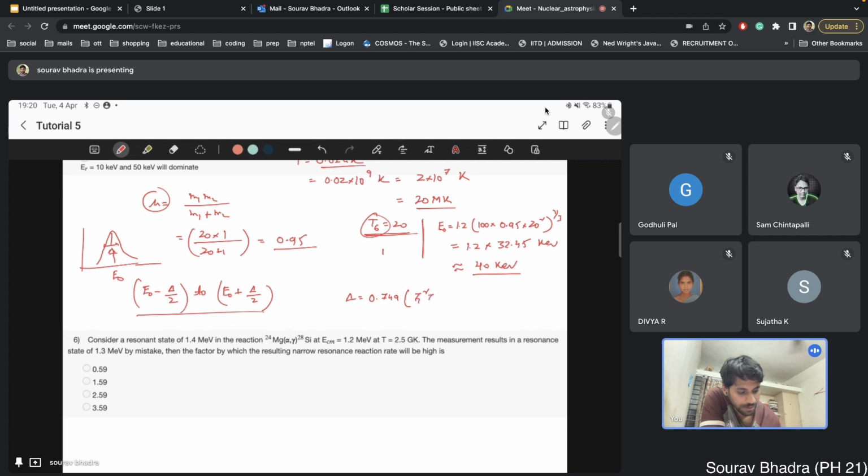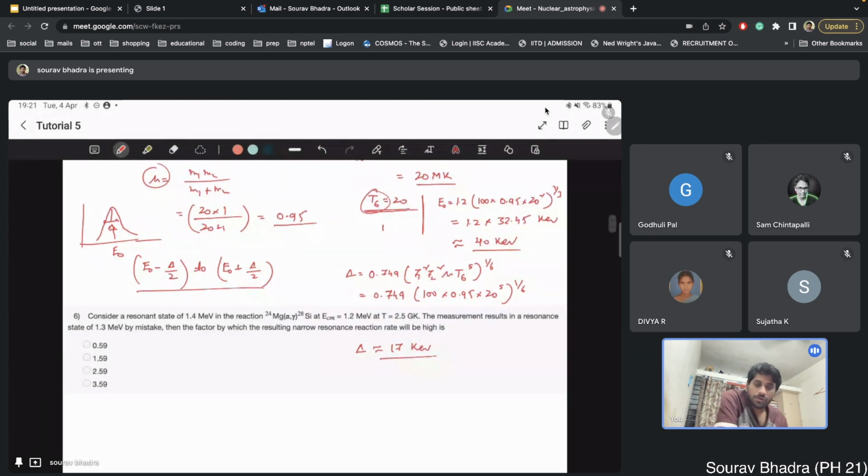I hope you can write all this expression directly, because it has been 2 or 3 weeks that you have been taught these equations. And if again we put 10 square 100, mu is 0.95, T6 is 20, that will give you delta as 17.05, or roughly 17 keV. So we have E0, we have delta.